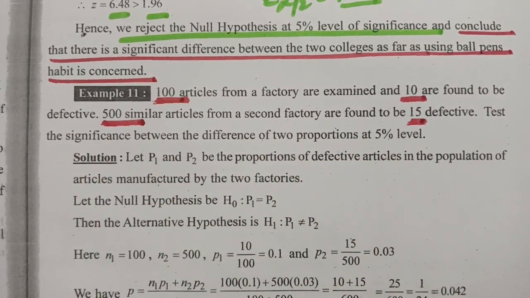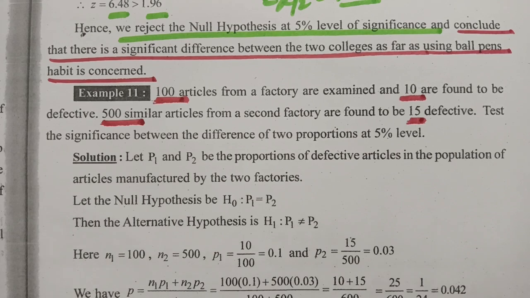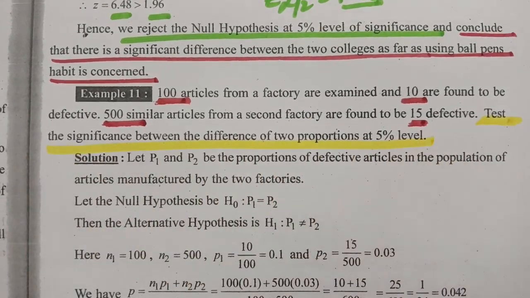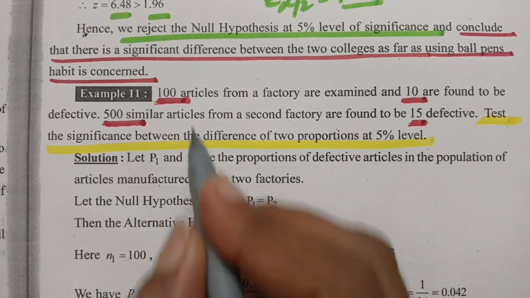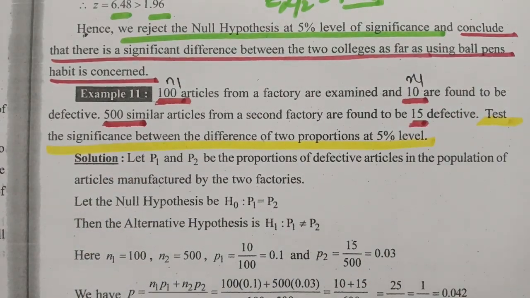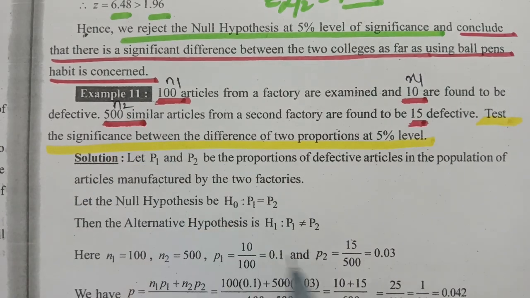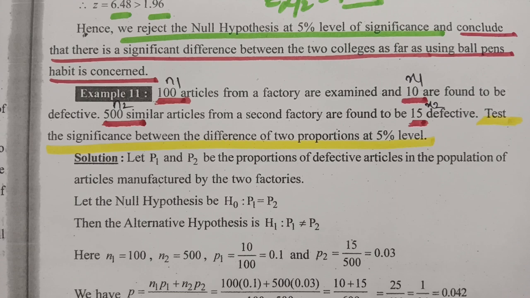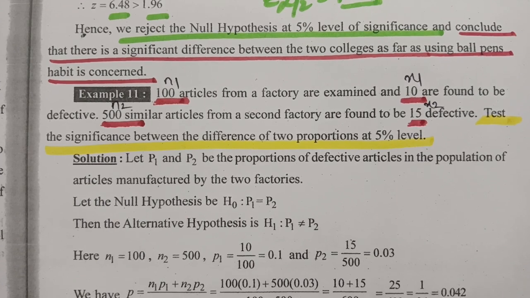Now we have to test the significance of the difference between the two proportions at 5% level. As it is very clear, N1 is given as 100 with 10 defective items, and N2 is the next sample size, 500, with 15 defective items. Let's get into the formula and the solution here.